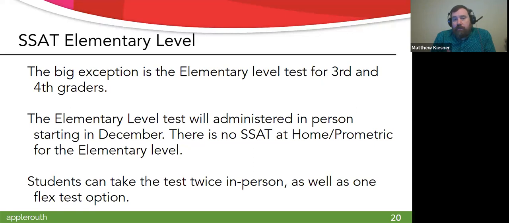The elementary is only given in person on paper, so there's no at-home version of it, and it starts in December, so it's late testing compared to the middle and upper, and you can only take it twice in person. The elementary level is a shorter test. It obviously has less complex math, and is a little bit different, but there's not a lot of schools that use it, because honestly 3rd and 4th grade is kind of a typical time to be transferring schools.